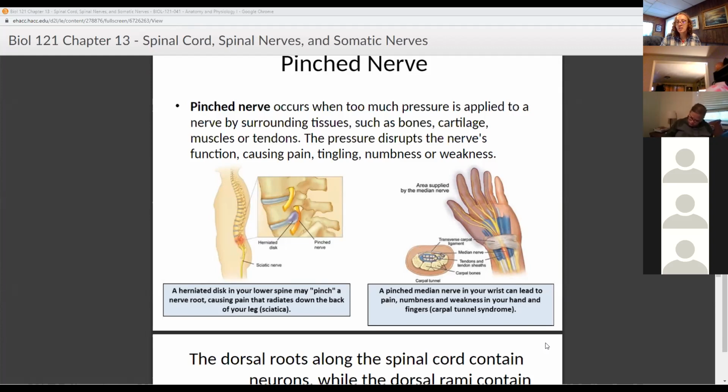A herniated disc in your lower spine can pinch a nerve root, causing pain that radiates down the back of your leg, sciatica. A pinched median nerve in your wrist can lead to pain, numbness, and weakness in your hand and fingers.